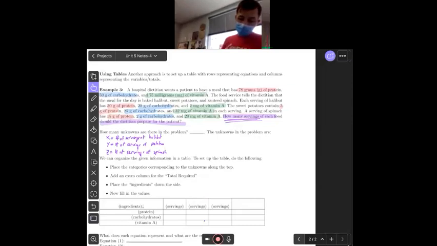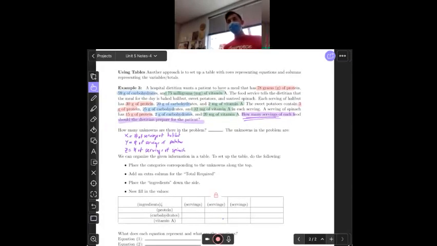So what's different about these equations than maybe normal? It's almost like a value equation, in that the things that are like each other have to go together. Consistency, right? I can't take protein and add it to carbohydrates and add it to vitamin A. The proteins have to add together to give me my total protein. Carbs have to add together to give my total carbs.